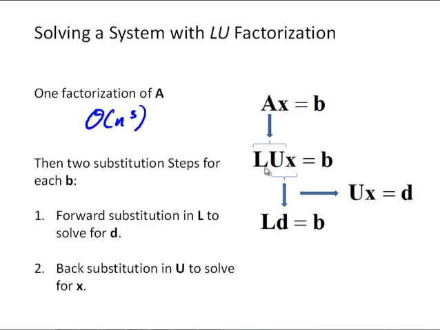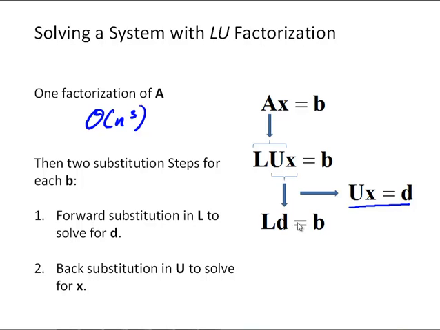And so we factor it into L and U, and so now we have LU times X is equal to B. And the way that we're going to solve this is we'll solve the intermediate system if we write this as UX is equal to D. So we get this intermediate system UX equals D, and this is an upper triangular matrix. So that upper triangular matrix now, and then we have a lower triangular matrix LD equals B. So each of these triangular matrices we can solve with substitution only.